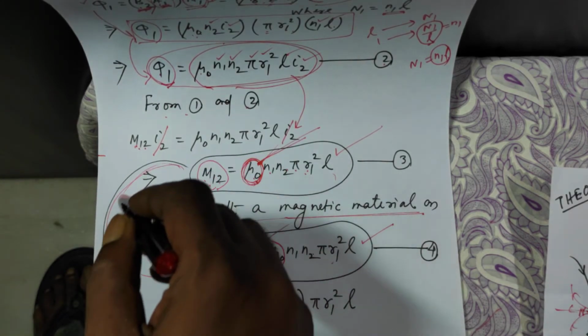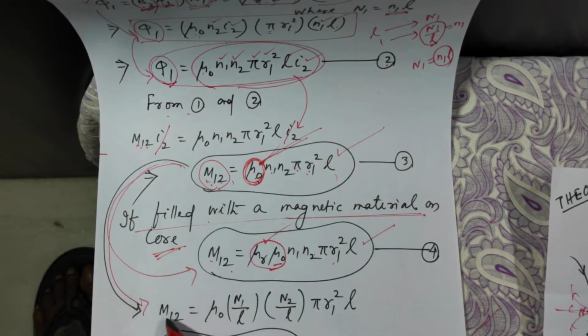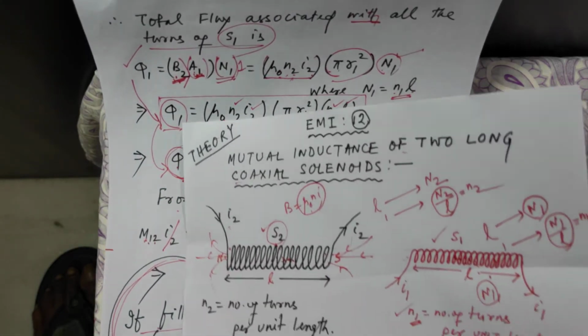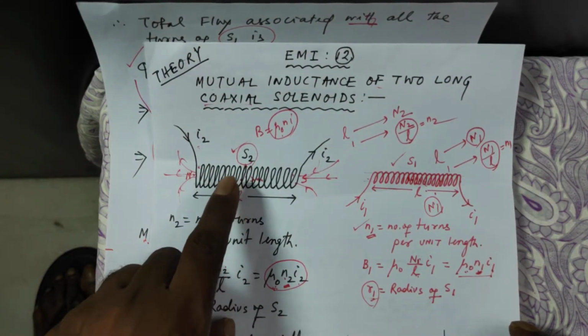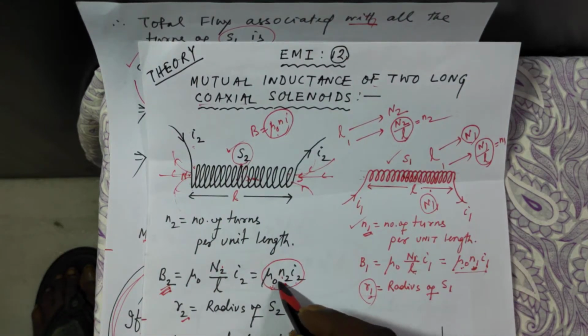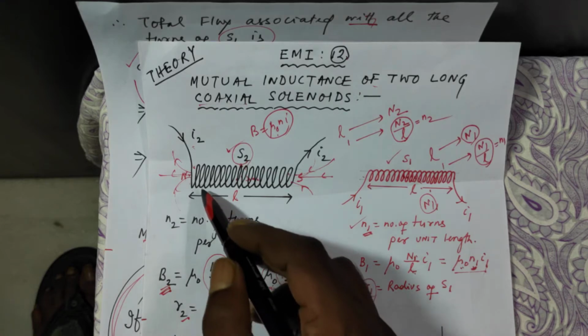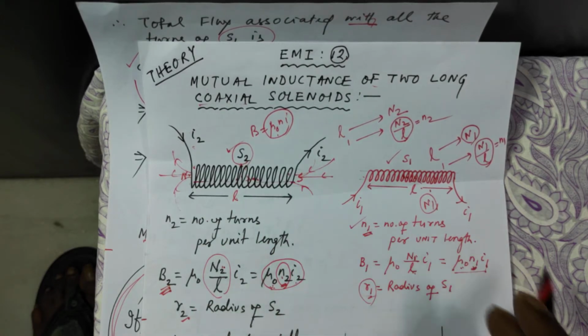So now this can be rewritten as M12 is equal to mu naught. This n1 was number of turns per unit length for this solenoid, n2. That was equal to capital N2 over L. Capital N2 was total number of turns from here to here.